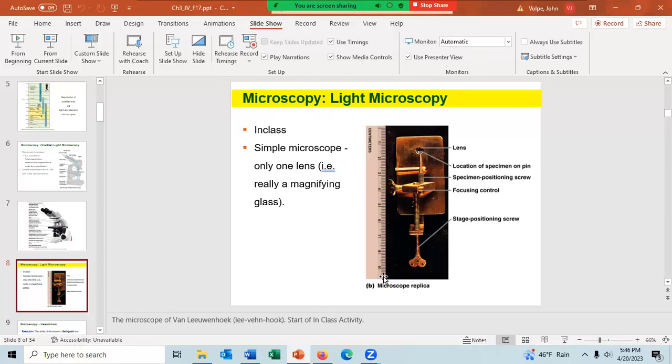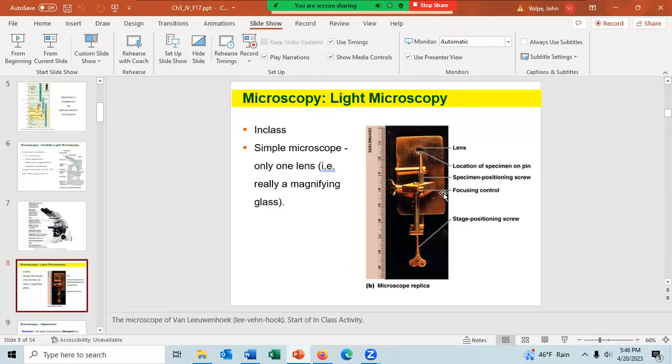Here we have a simple microscope, and it only has one lens that magnifies. So it is really nothing more than a super duper magnifying lens, because it only has one lens. This is a microscope that Antony van Leeuwenhoek made, and that's why it's kind of simple.